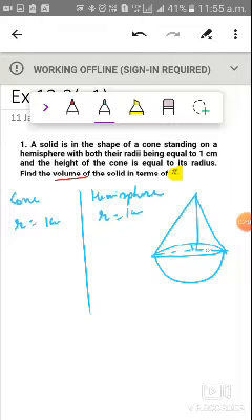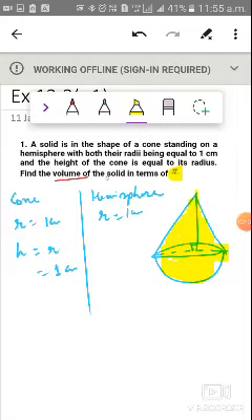Then the height of the cone is equal to its radius, so height is also equal to 1 centimeter, right? So this is the height, this is the radius. Both are equal. And this cone is standing on a hemisphere, right?